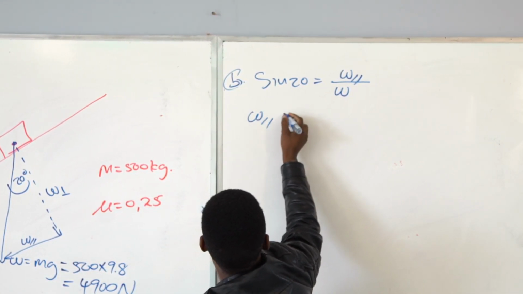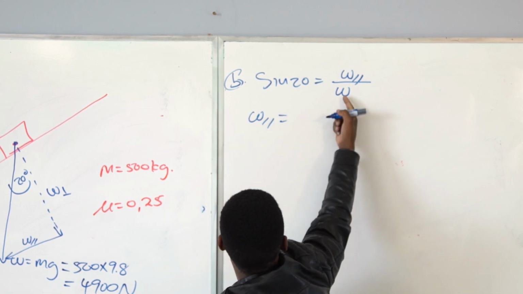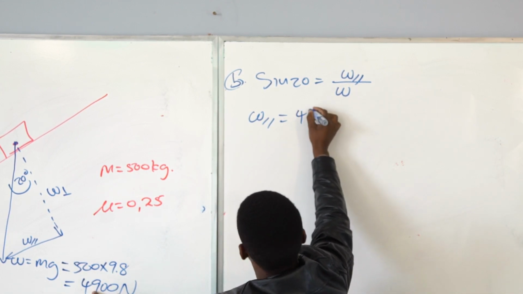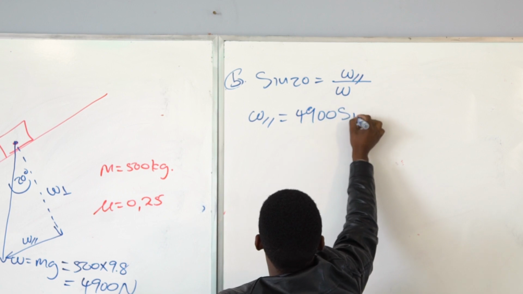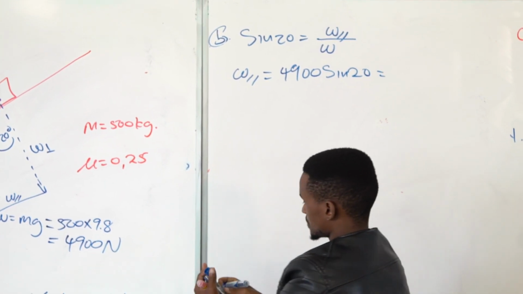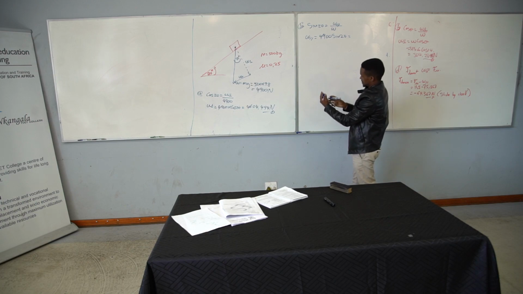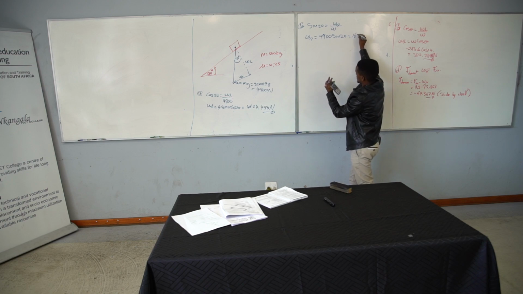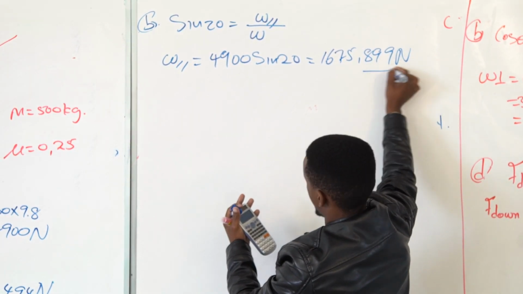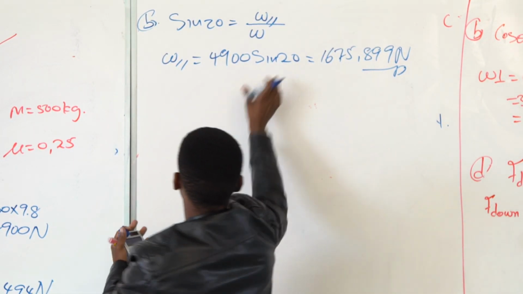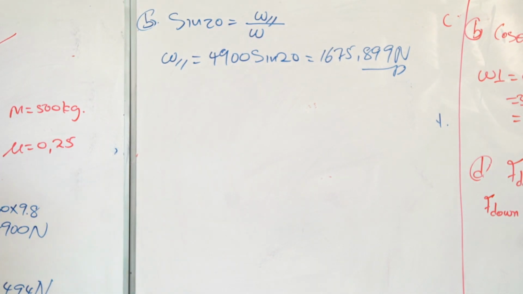Meaning the weight parallel will be 4,900 sine 20. So 4,900 sine 20, we're going to get 1675.899 newtons. This is the parallel weight.